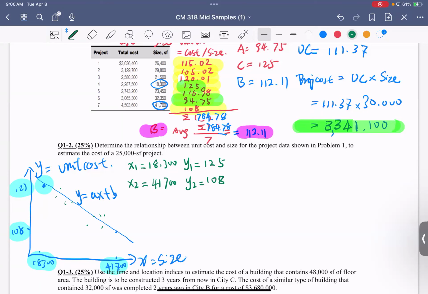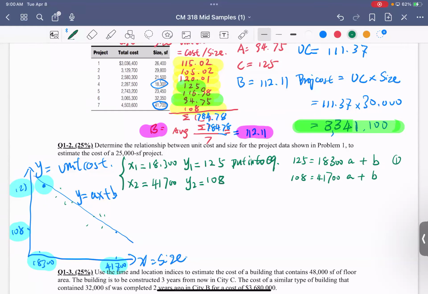Because we are using those two data points to find your y is equal to ax plus b, right? So we can put those into this equation, and we will get 125 is equal to 18,300a plus b, and 108 is equal to 41,700a plus b.